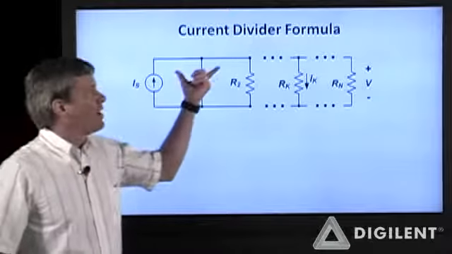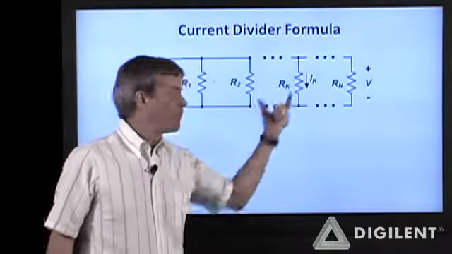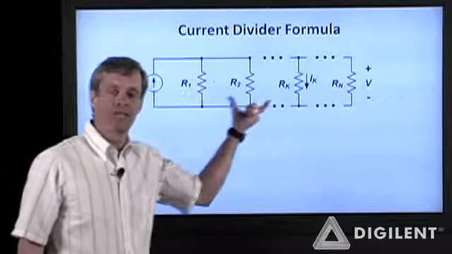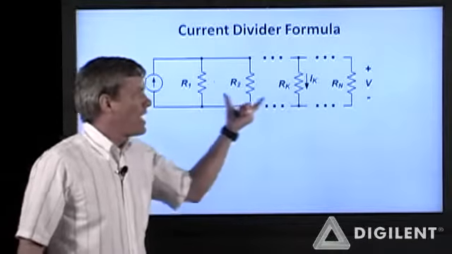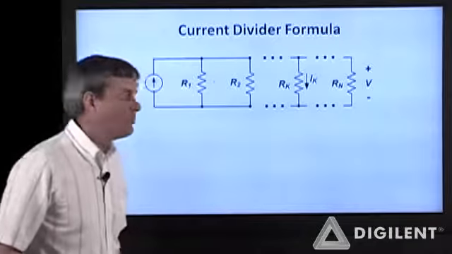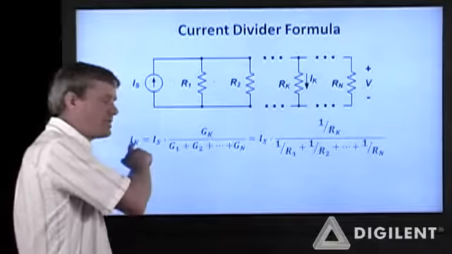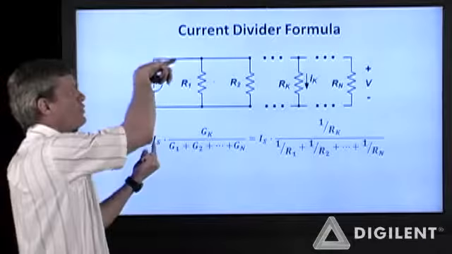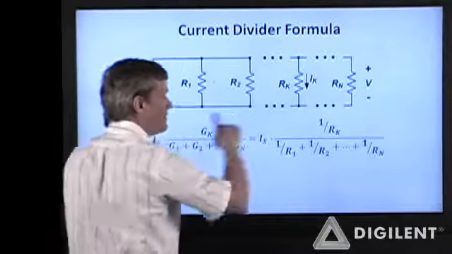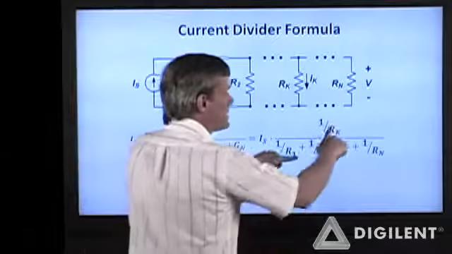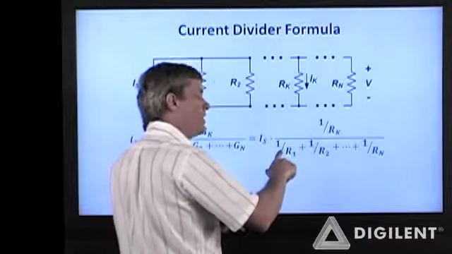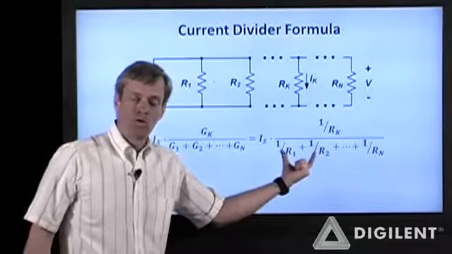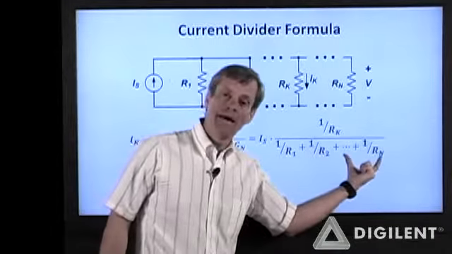Now, just to summarize our current divider formula in which we're determining the current through an arbitrary resistor in a series of N resistors which are placed in parallel with one another. Previously, we determined that the current through the kth resistor is the total current into this parallel combination times 1 over R sub K divided by the inverse of each of the individual resistances all added up.